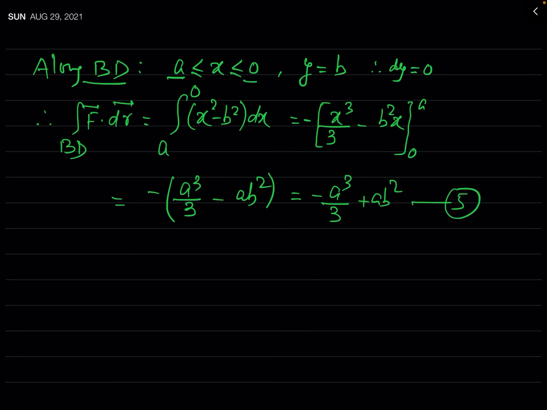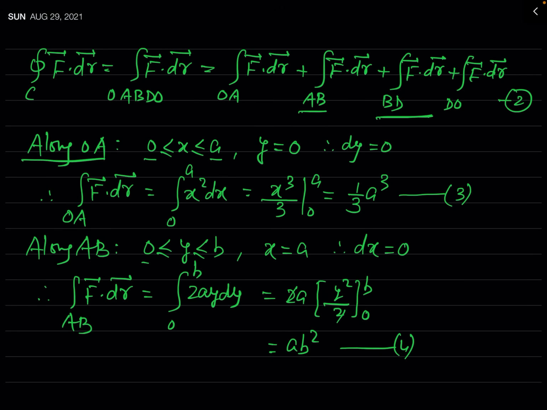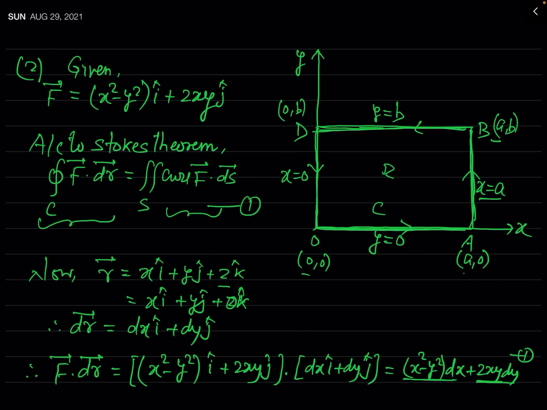So we have evaluated the integral of f dot dr along BD. Now finally we will evaluate the integral of f dot dr along DO. So for DO, see the figure. When we move from D to O along this line DO, you can see x remains constant at the particular value 0, but y varies from b to 0.